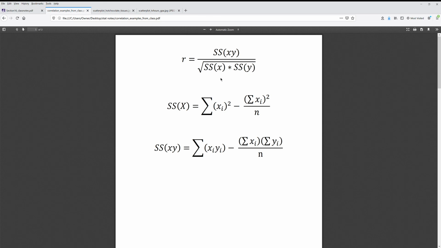And then on the 3rd level, you go to compute correlation by doing SSXY divided by the square root of SSX times SSY. Notice, by the way, that you don't have to do an awful lot of rounding here. If you've got nice numbers, then the sum of the x's, the sum of the x squares, the sum of the y's, the sum of the y squares, and the sum of the xy pairs are all nice numbers.